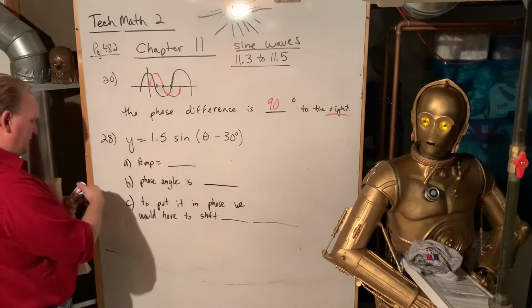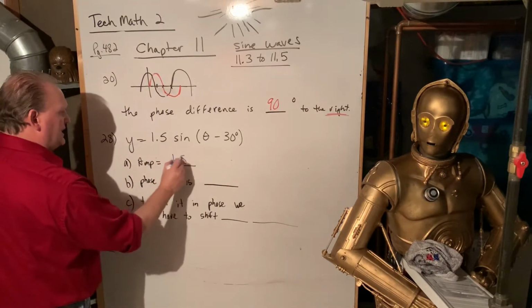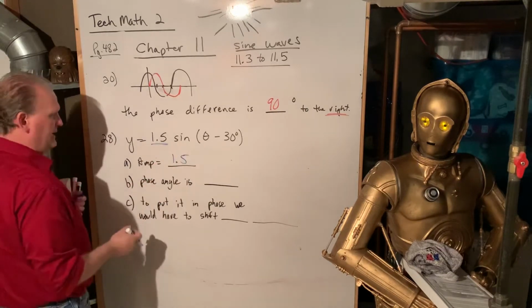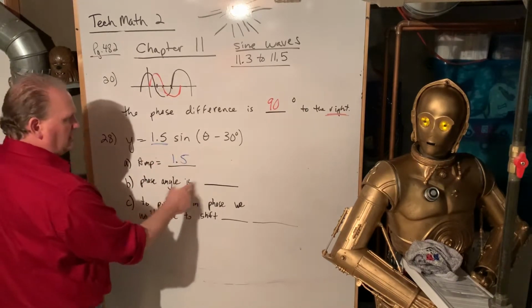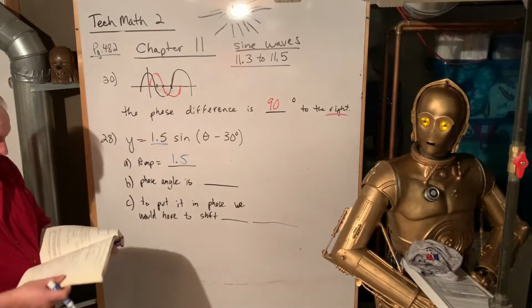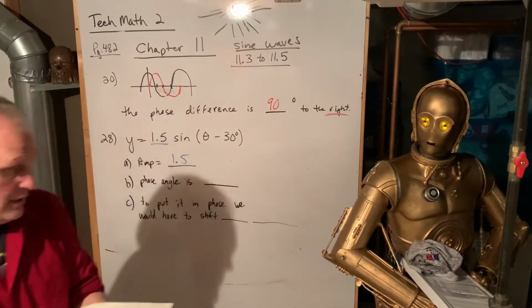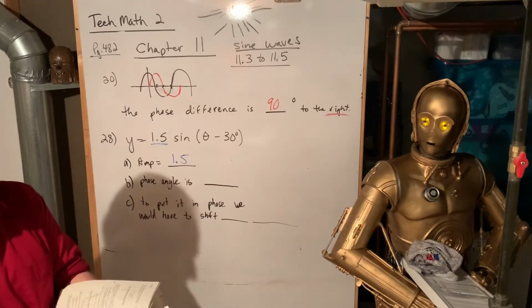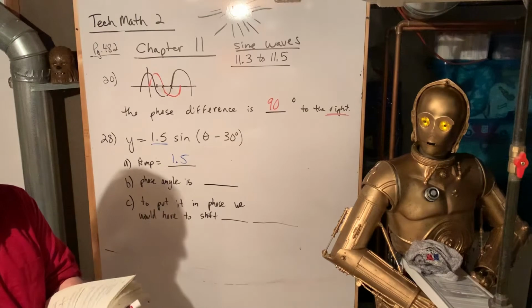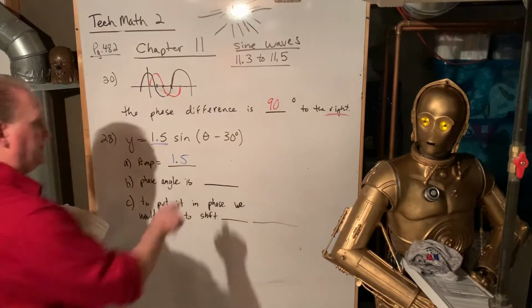So amplitude is 1.5 on this one. That's always the number just in front of the sine. The phase angle, that's going to be how much it's shifted. And so if we jump to 28 there, the phase angle on that one is this.